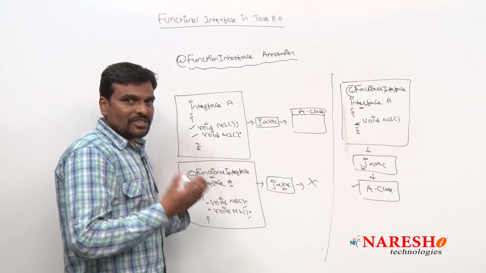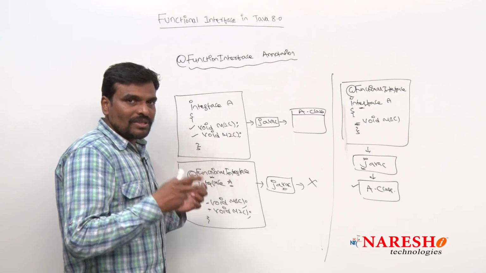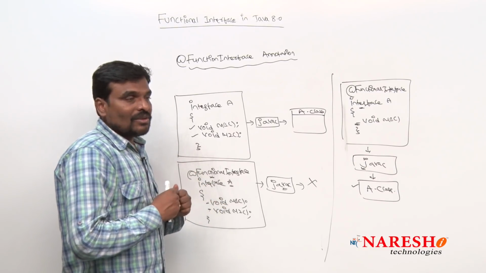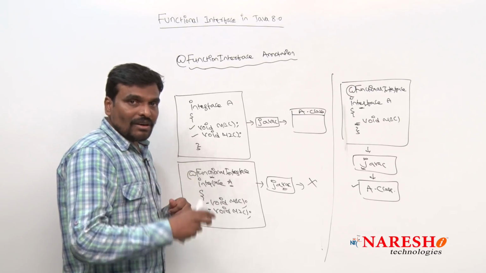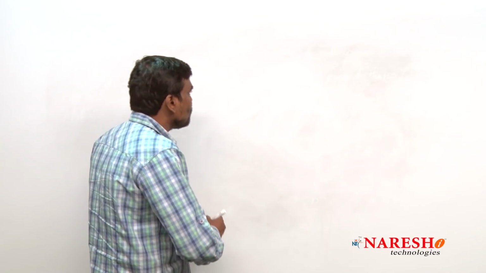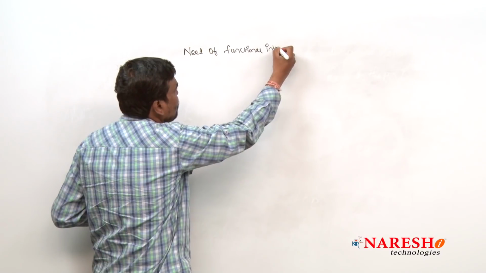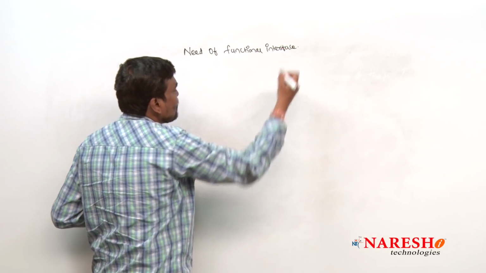But I said a functional interface can have more than one default method, but only one abstract method. Now we will see what is the need of functional interface.